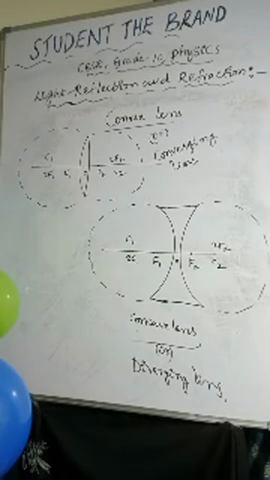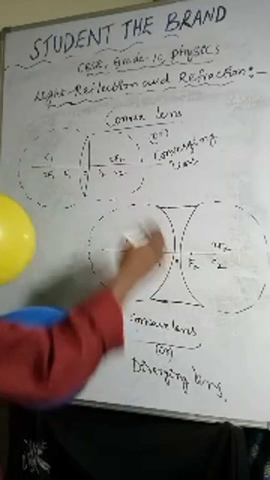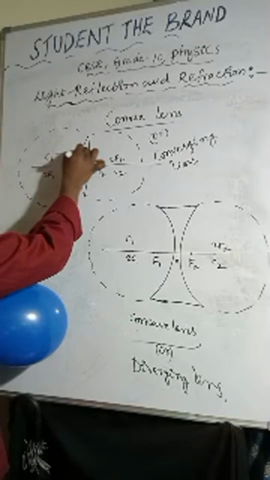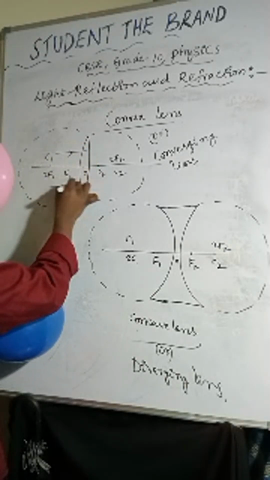Sir, why are you calling the convex lens a converging lens and the concave lens a diverging lens? Because whenever light rays are incident on a convex lens, they will be converged, like this.